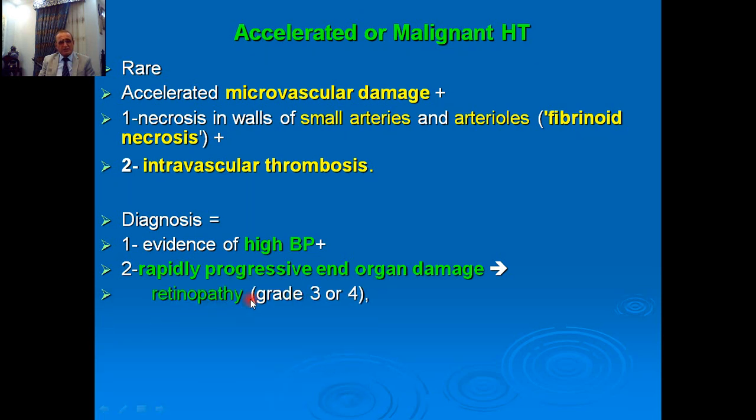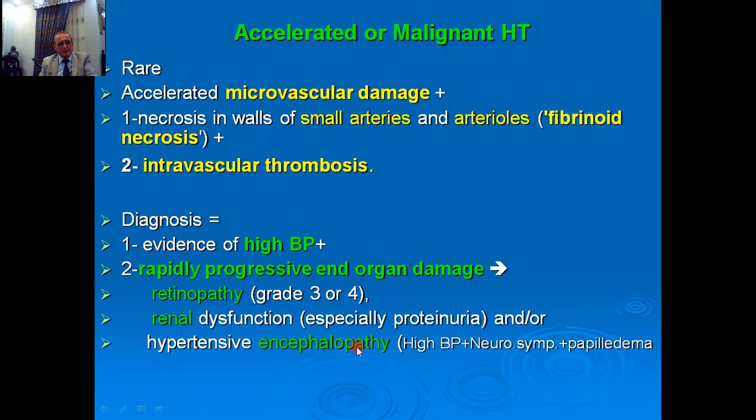For example, retinopathy grade 3 or 4, you immediately do fundoscopy to see this. Or renal dysfunction, blood urea is rising, or proteinuria is increasing, or hypertensive encephalopathy, neurological features with papilledema. You might have left ventricular failure.